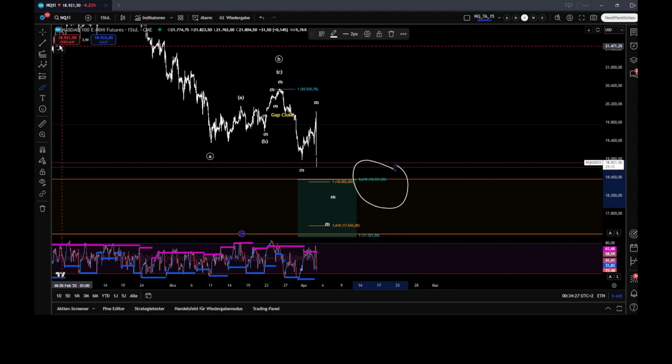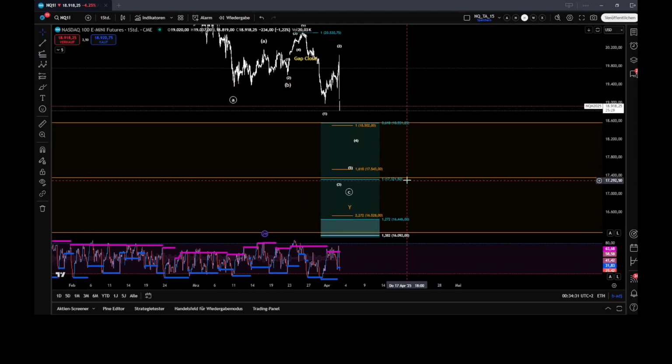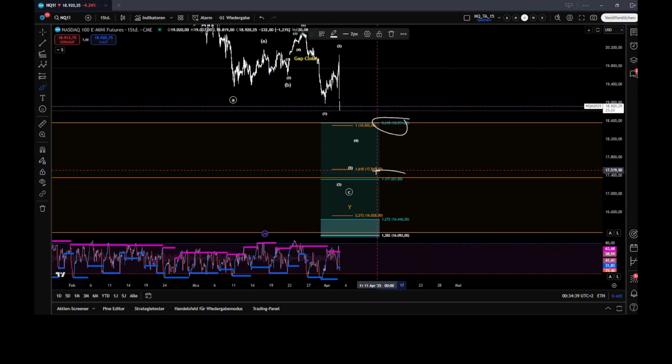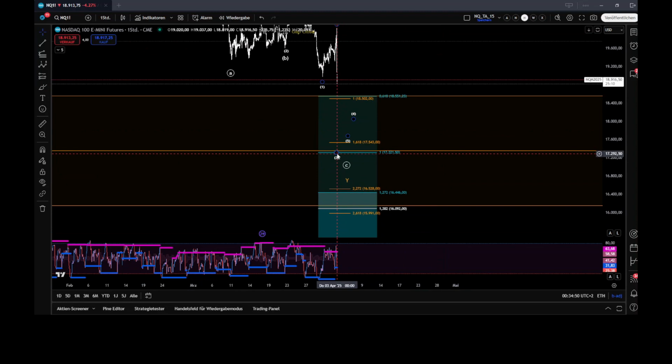The second target would be the 100% extension in blue, which is 17,321. These two targets at the moment are the more widened fib extensions. And the orange extension lines would indicate that we come down much further, okay?